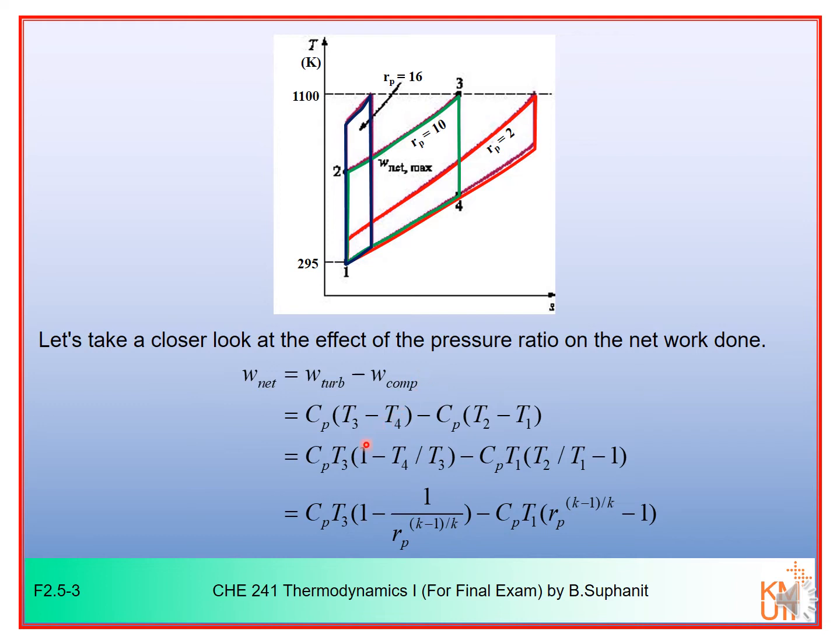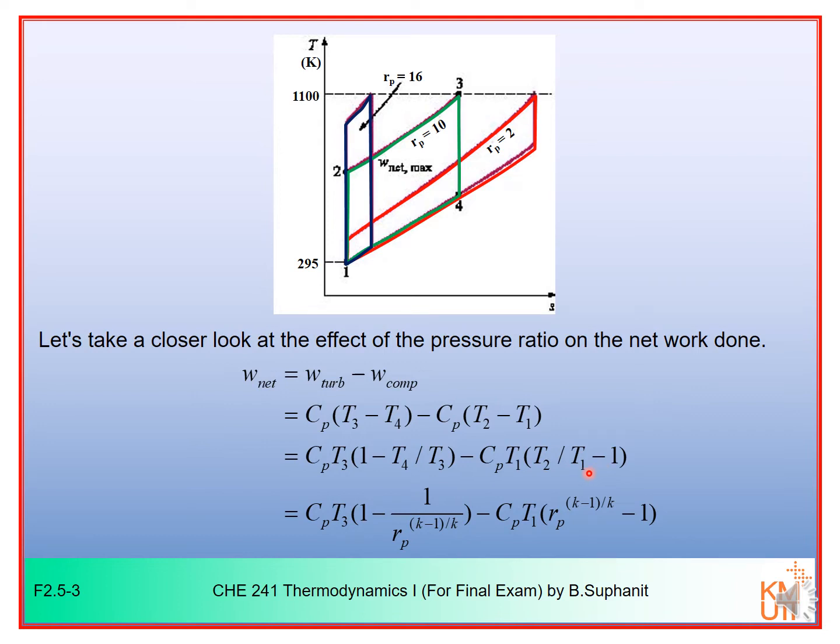First, we have to pull T3 out of the first bracket and T1 out of the second bracket. The term in the first bracket becomes 1 minus T4 over T3. And the term in the second bracket becomes T2 over T1 minus 1.